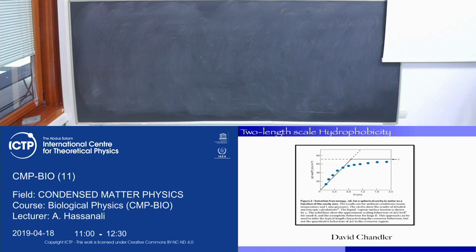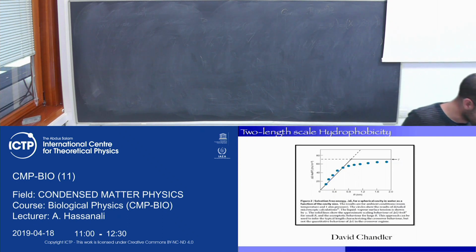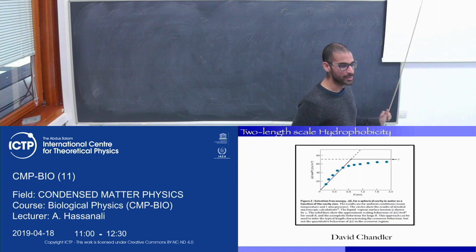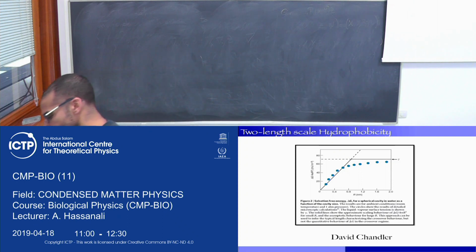Okay, so I have quite a bit I want to cover today as well. Let's see how much we get through. So we ended here. We had a discussion about hydrophobicity, and we said one of the measures of hydrophobicity in a liquid is to study its density fluctuations, so the probability to create cavities.